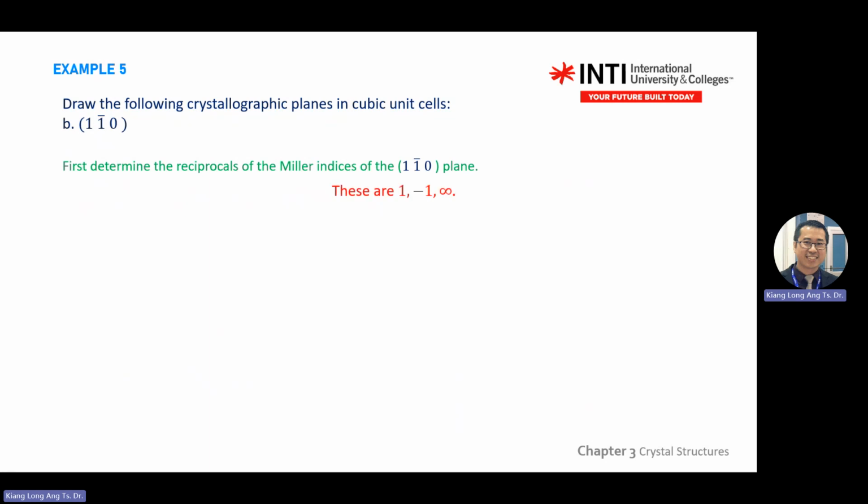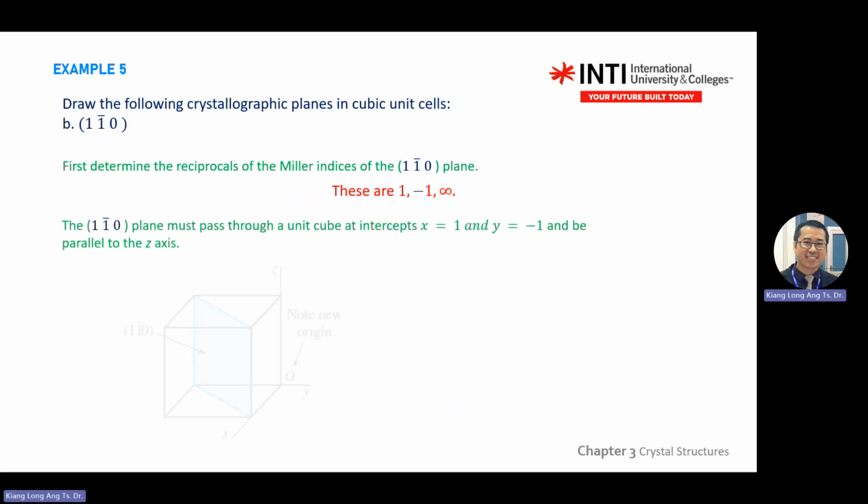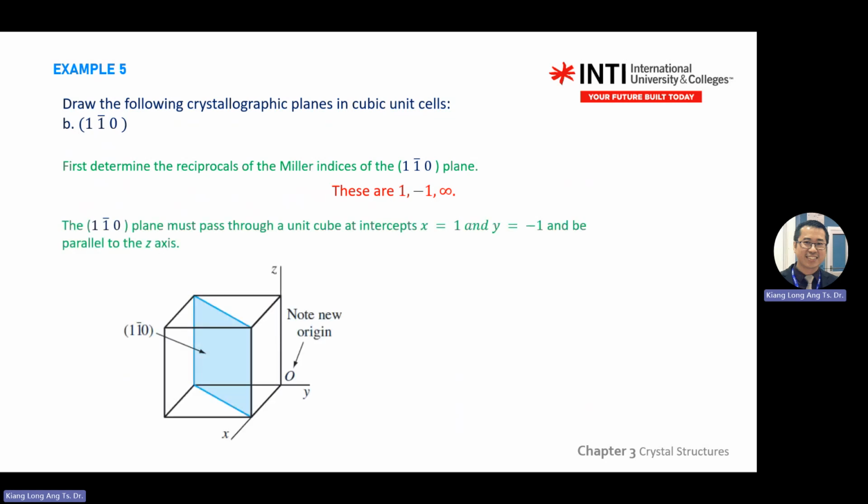You repeat the rest for your revision. Same, 1 minus 1 0, you reverse. Inverse 1 is 1, minus 1 is minus 1, 0 is infinity. So you move 1, Y minus on the other side, Z infinity. So it will be like this. You move X, move Y, then Z infinity.